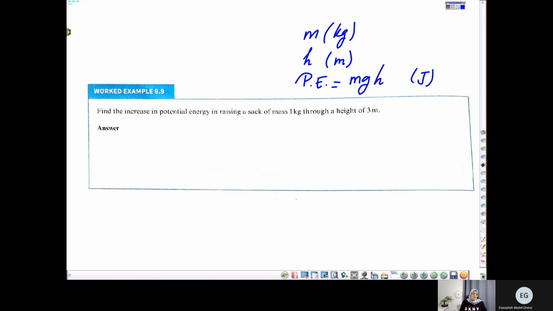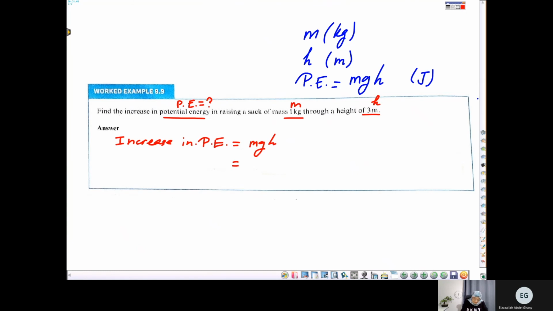Now, here is a question: find the increase in potential energy in raising a sack of mass 1 kilogram through a height of 3 meters. The mass is m, this is the height, and you'll simply answer: increase in potential energy equals mgh.